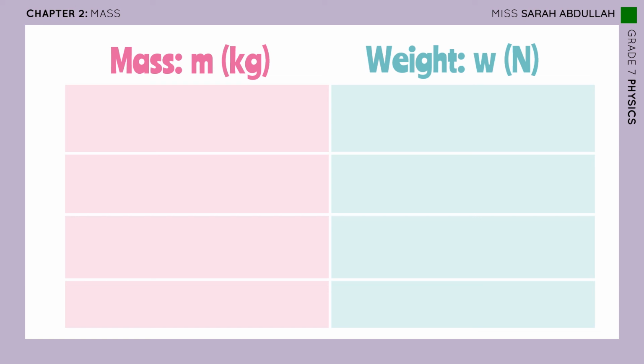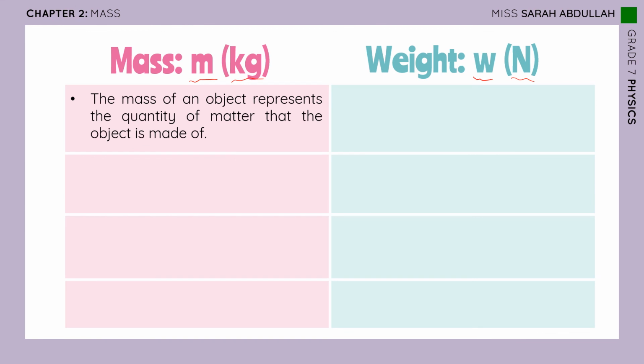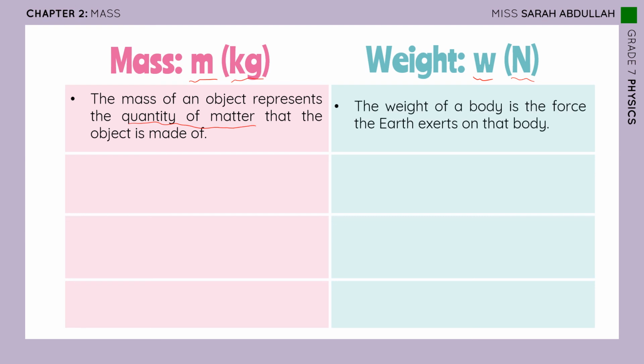Now let's put what we know about the mass and the weight in a table. Okay, so the mass of symbol M and SI unit kilograms, weight of symbol W and SI unit of Newton. The mass of an object represents the quantity of matter that the object is made of, whereas the weight of a body is the force that Earth exerts on that body.